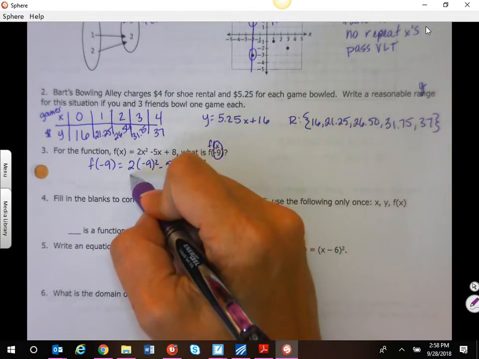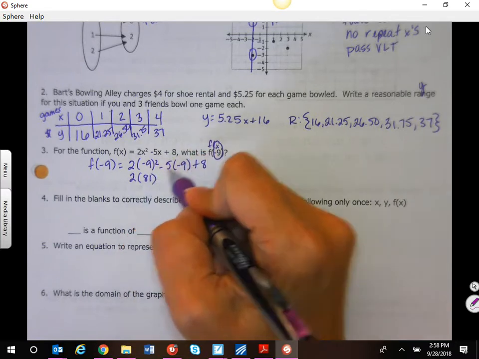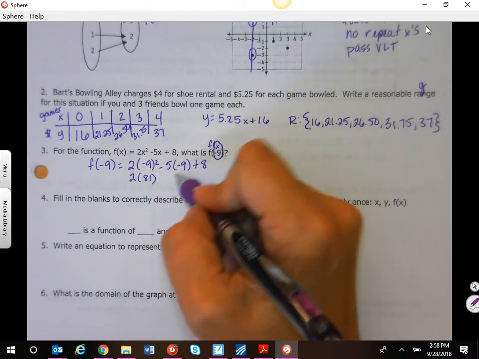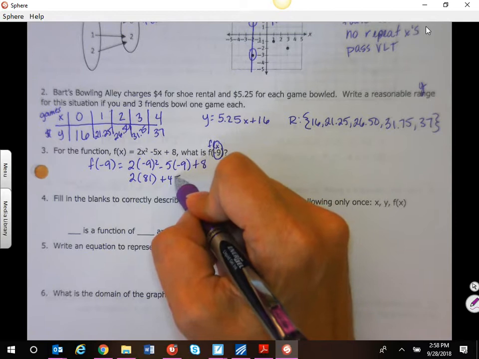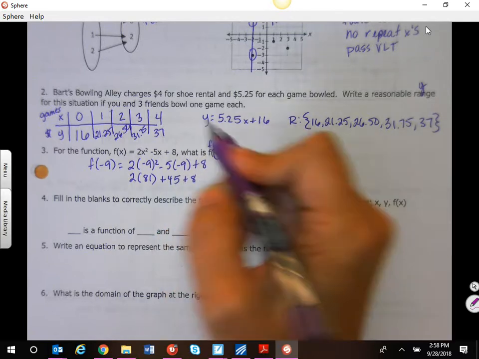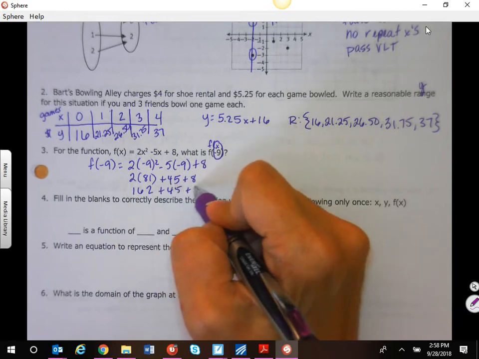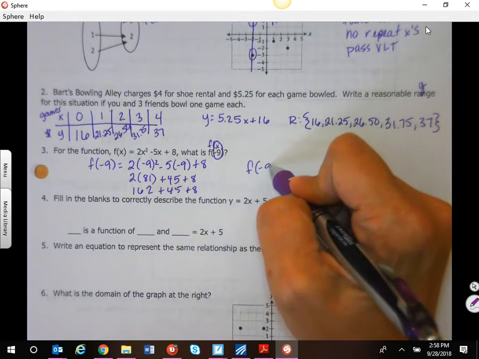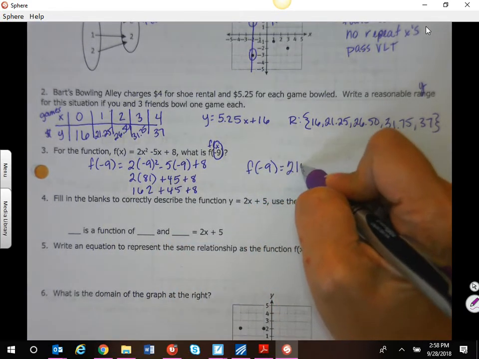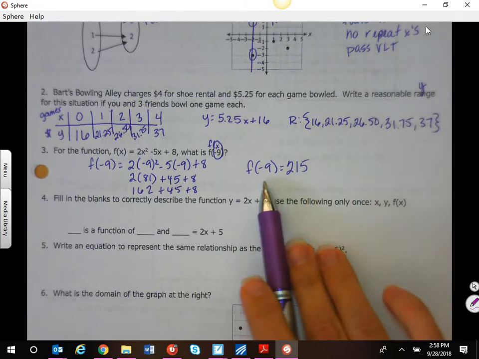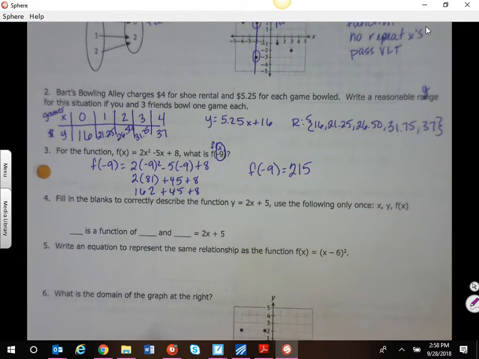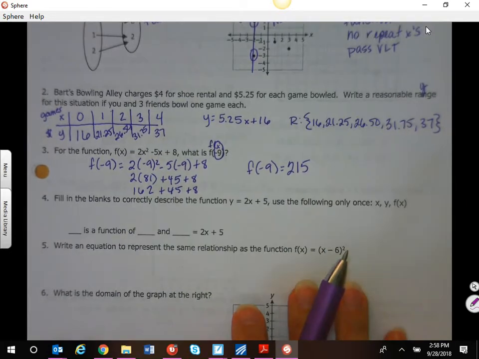So here I have 2 times 81, and again, you can put this in the calculator. That's fine, you get to use that on your test. 2 times 81 is 162. Plus 45 plus 8 means that f of negative 9 is equal to 215. Remember, that would be a coordinate if we were to graph this equation, negative 9, 215.